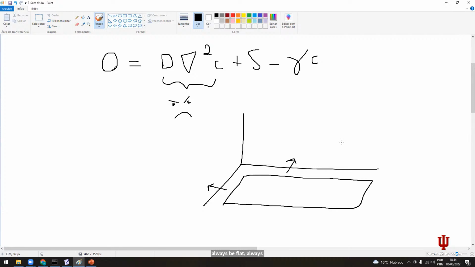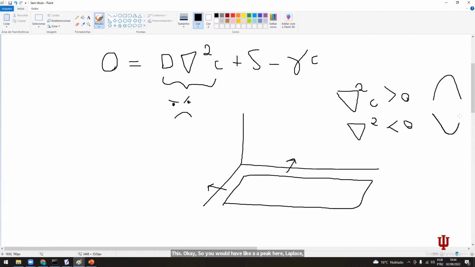If my field is always flat, the Laplacian is always 0, because the Laplacian is what? Laplacian greater than 0 means you would have a peak here. Laplacian less than 0 means the opposite, so you have a valley.